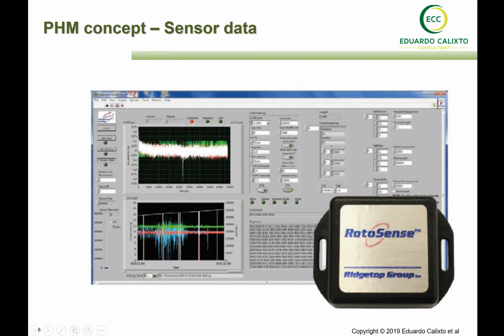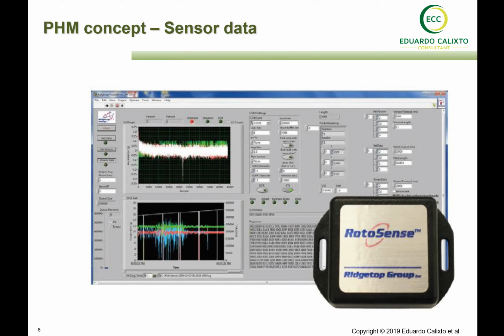So here, this slide shows an example of a sensor system. As I mentioned before, the final output is the state of health of your system and the remaining useful life.